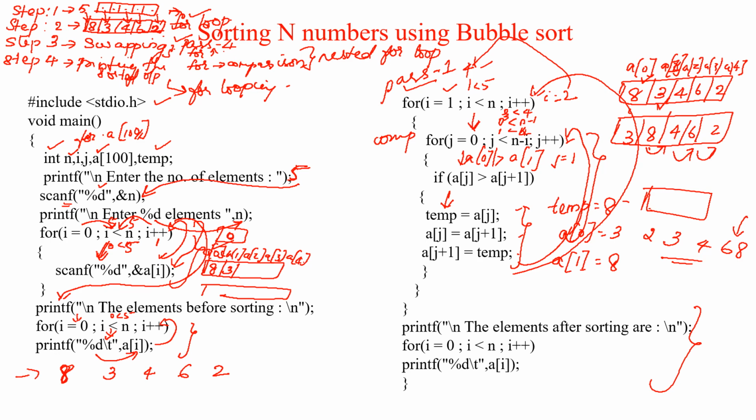Same as what you have used for printing before sorting, you will be using the same statement after sorting also. For I is equal to 0, I less than n, I plus plus, printf percentage %d, the value inside the array a of I. So you will be getting 2, 3, 4, 6, 8 displayed on the screen.